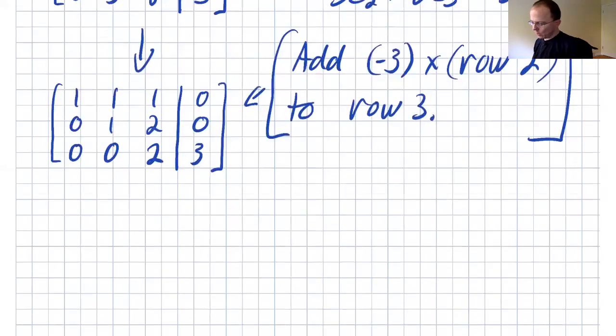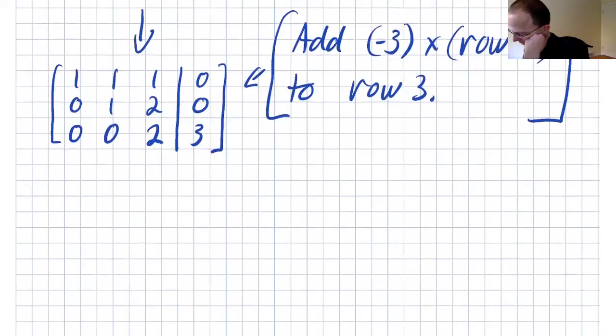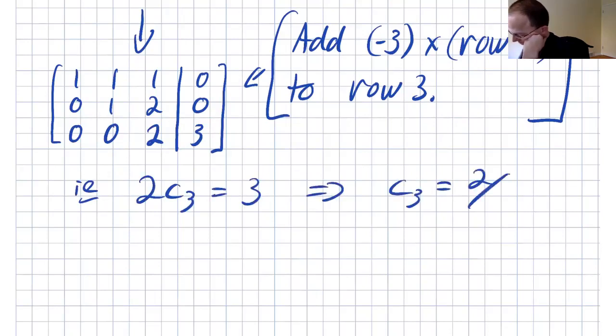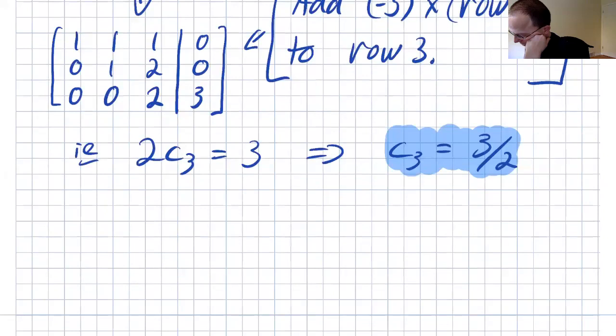Okay, so now we're in good shape, because look at this last equation. Now it just involves C3. So in other words, we have 2C3 is equal to 3, and that tells us that C3 is equal to 3 divided by 2. So there's our first value. So C3 is equal to 3 divided by 2.